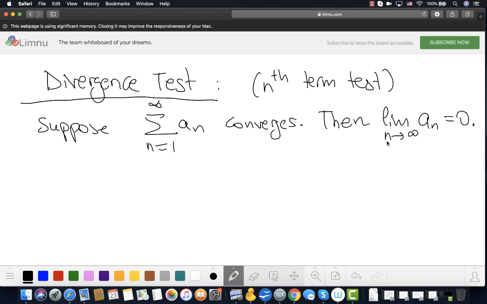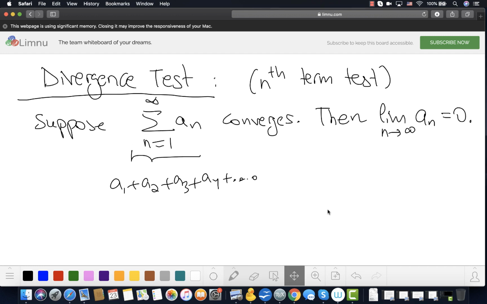Well, this makes sense, right? Because if you're adding up infinitely many terms, like a1 plus a2 plus a3 plus a4 dot dot dot forever, and this sum converges to some finite value, how could that be possible? As a consequence of the fact that it converges, the terms that you're adding up at each step must get smaller and smaller, in fact, must converge to 0.